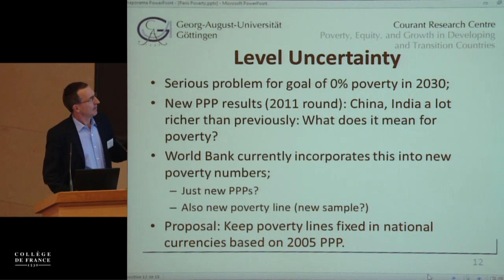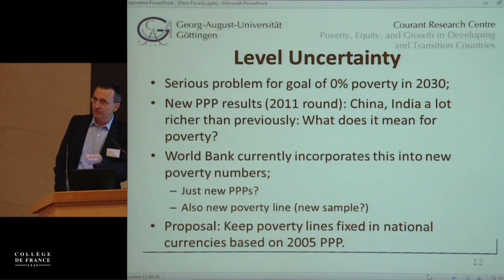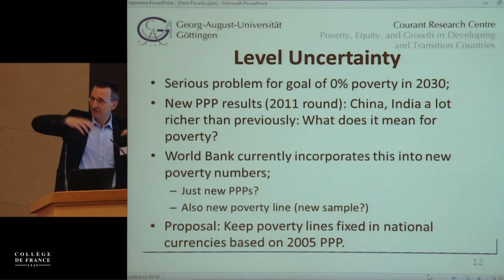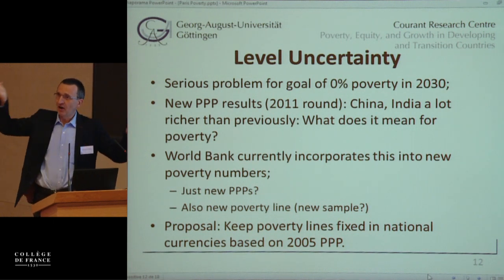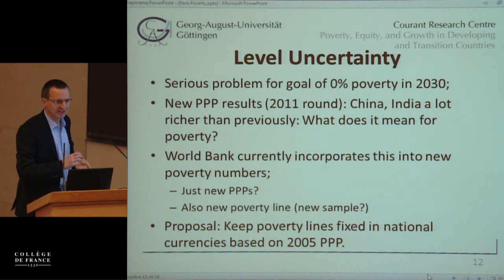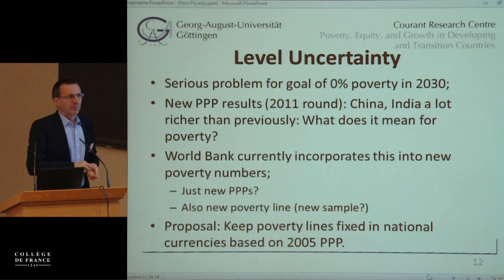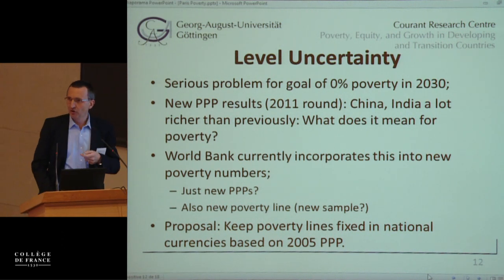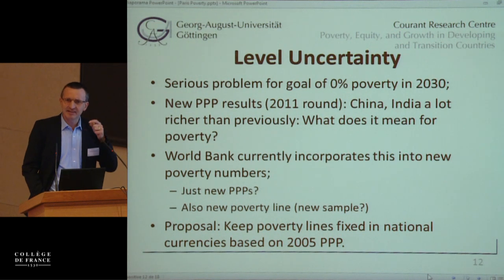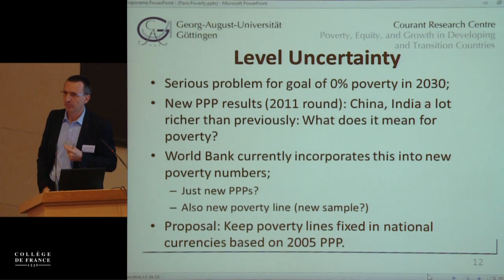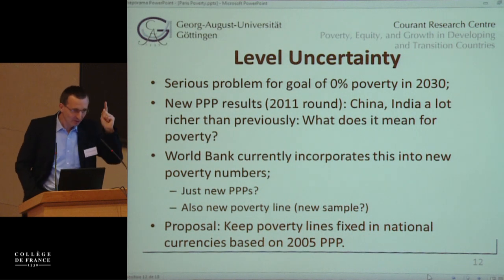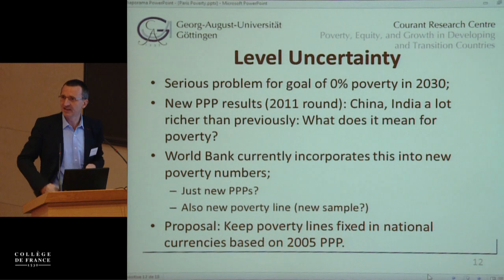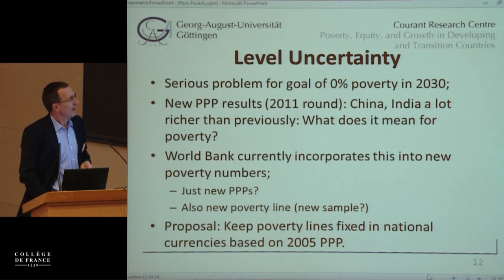One would be to say, okay, we just use the new PPPs. So we basically redo our picture, our 74-country picture, but now with the new PPPs to derive a new poverty line. It would certainly be clear that China and India would have lower poverty. It's not obvious what impact this would have on global poverty. It would likely lower it, but it's not entirely clear because it really depends on all the other countries and how much the poverty line is lifted.